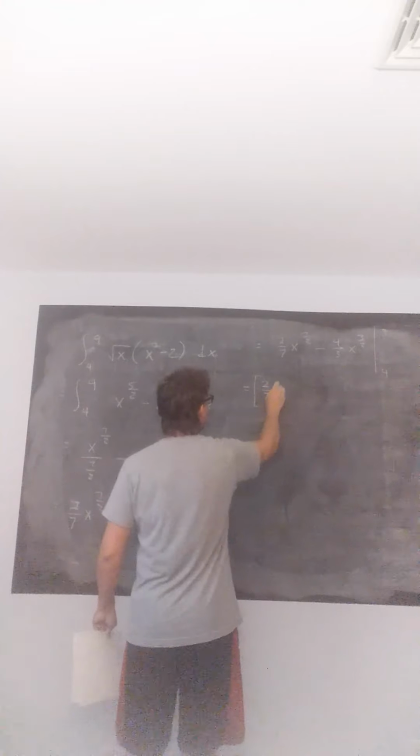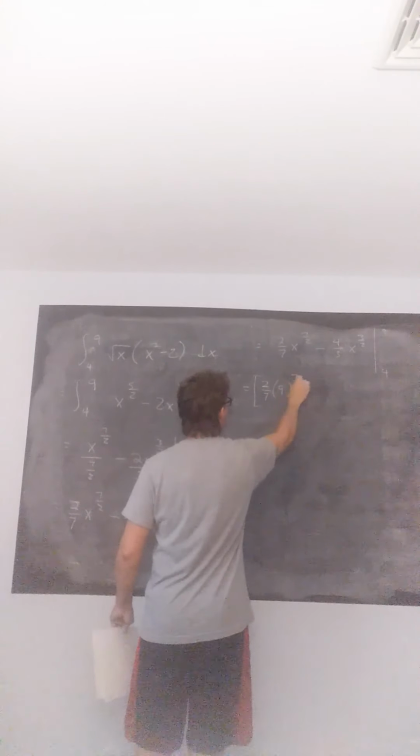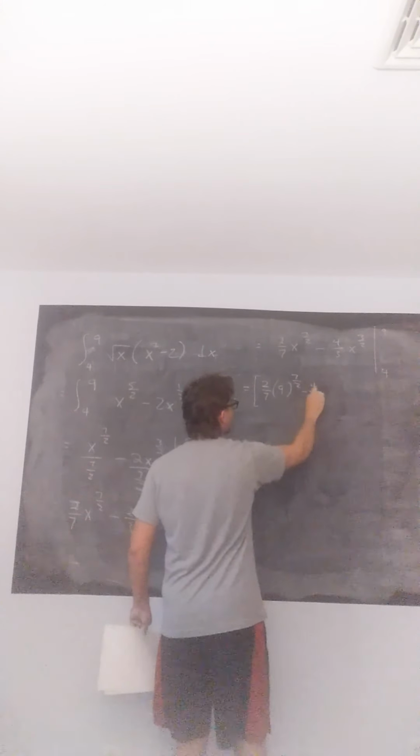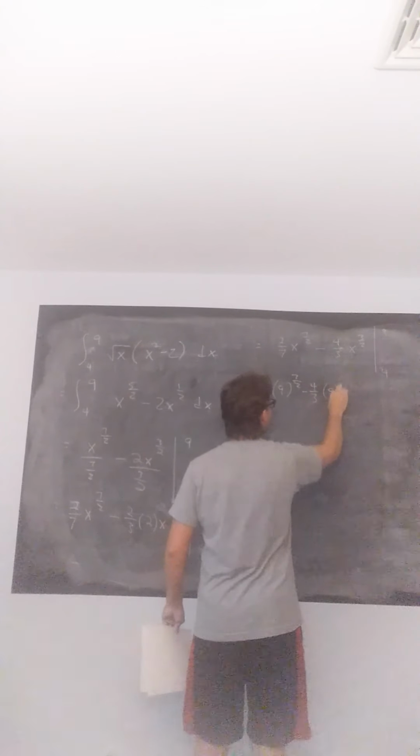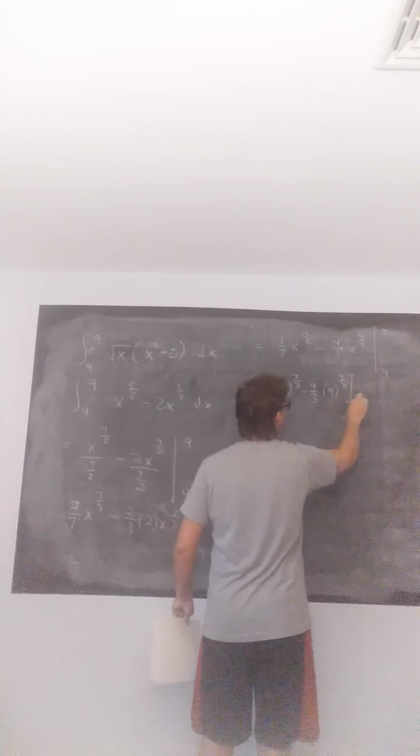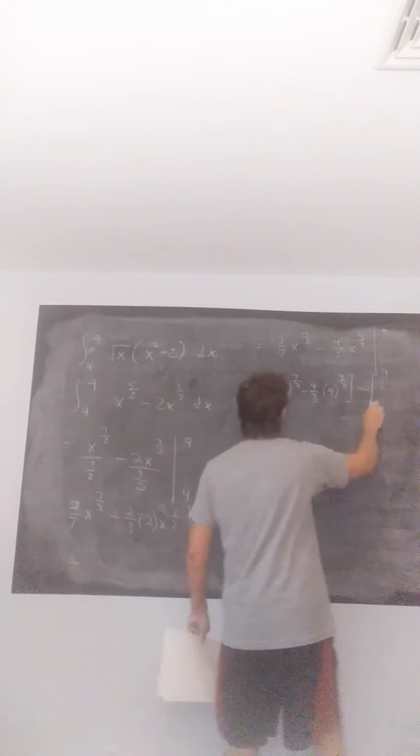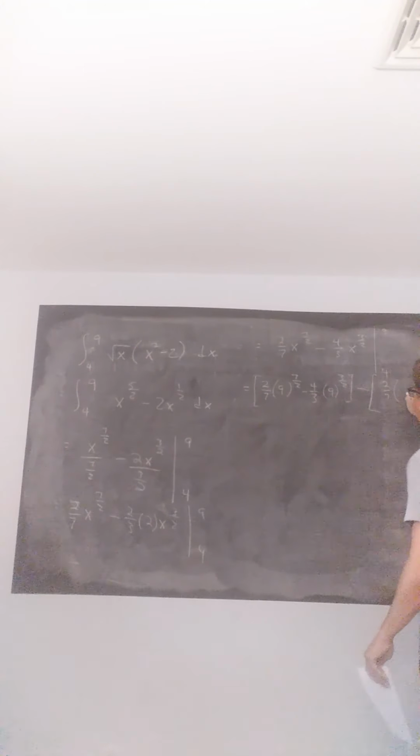So this is going to be 2/7 times 9 to the 7/2 minus 4/3 times 9 to the 3/2 minus, we're going to have 2/7 times 4 to the 7/2 minus 4/3 times 4 to the 3/2.